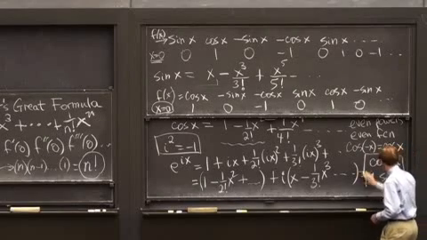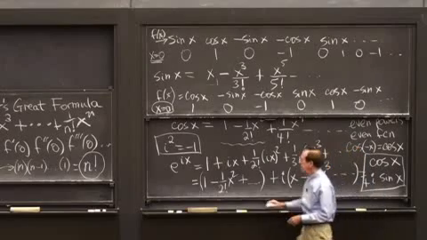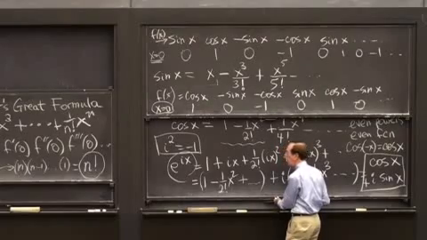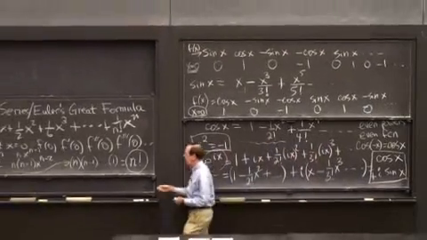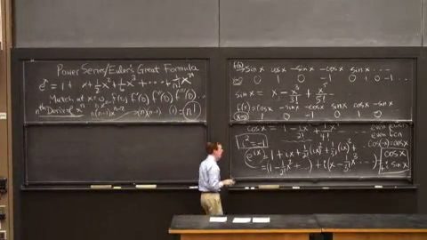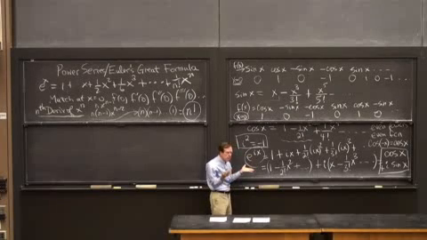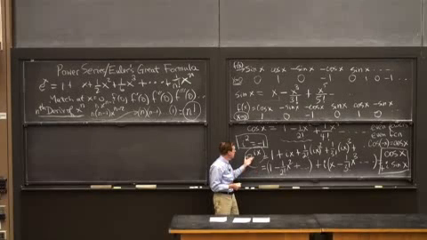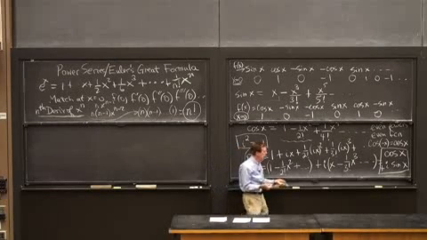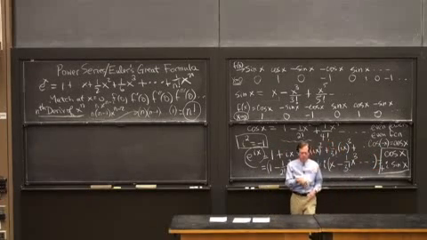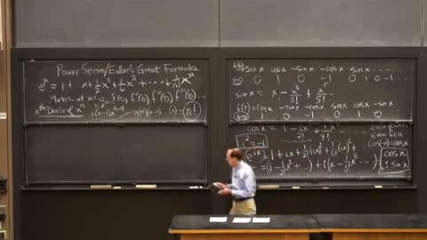There is Euler's great formula. I'm going to copy from this board Euler's great formula, that e to the ix has the real part cos x, and the imaginary part gives me the i sine x, and I'll write that down.